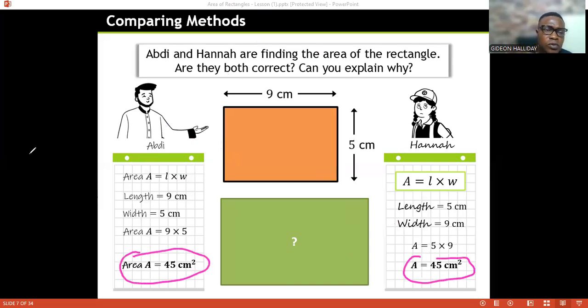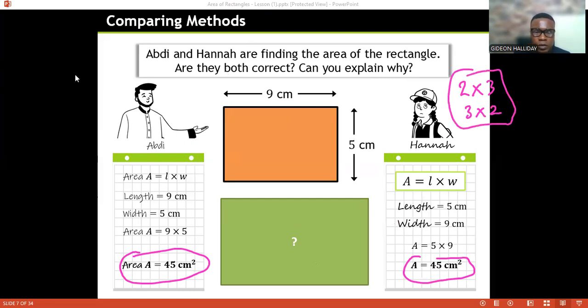Now, something about multiplication. Do you think they're both correct or someone is wrong? One thing about multiplication is the commutative principle of multiplication. Of course, 2 times 3 is the same thing as 3 times 2. So they're both the same. It works that way.